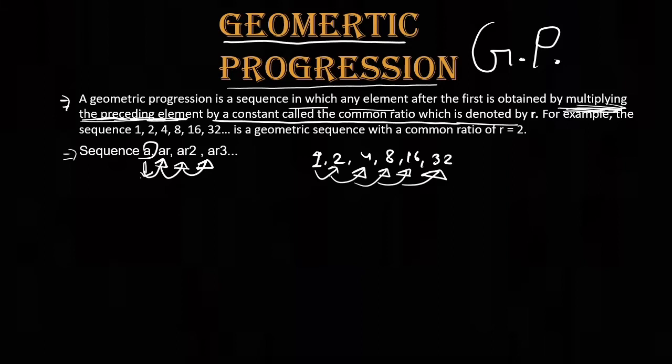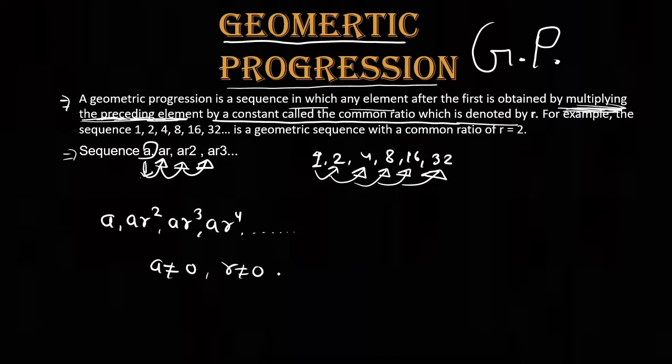Okay. So before talking about the elementary properties of GP, we should discuss the scale factor of GP. Like this is a series A, AR square, AR cube, AR raised to the power 4, and so on, where A cannot be 0 and R cannot be 0.